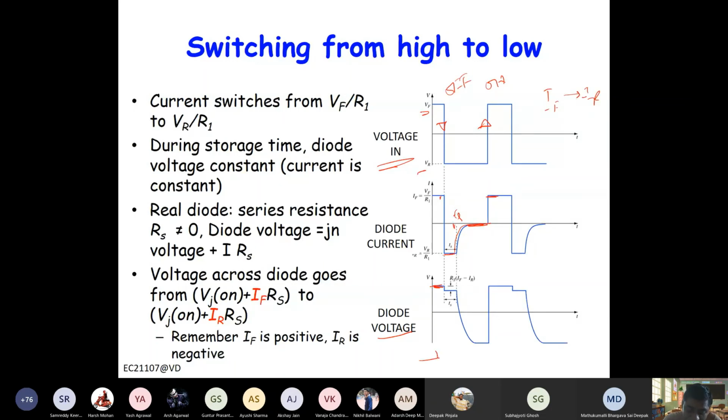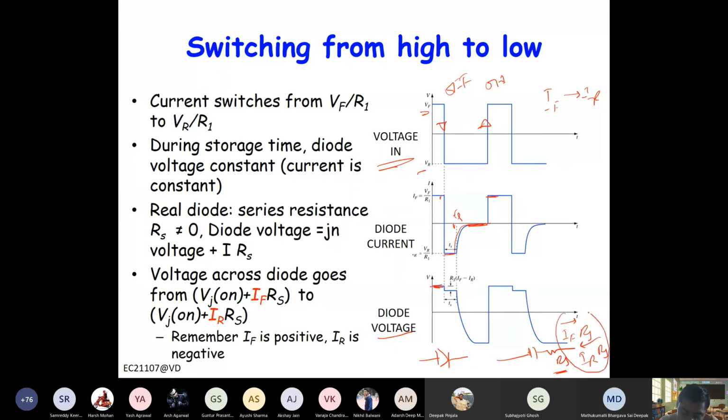If you see this diode, it has a junction capacitor which has charge, and a series resistance. The voltage drop across the series resistance was IF times RS in one direction. Now when you change the voltage, the drop is IR times RS in the other direction.